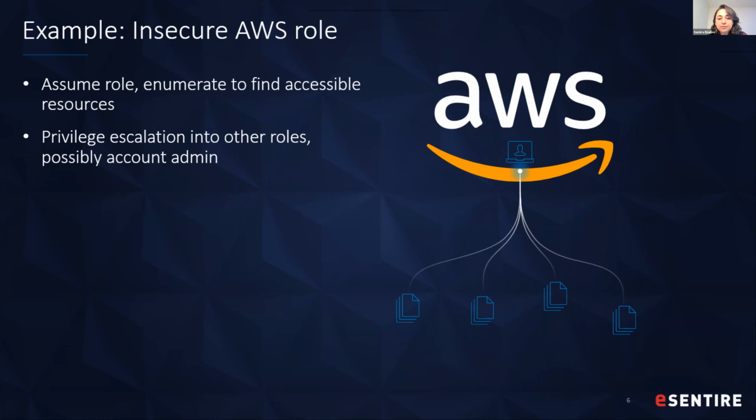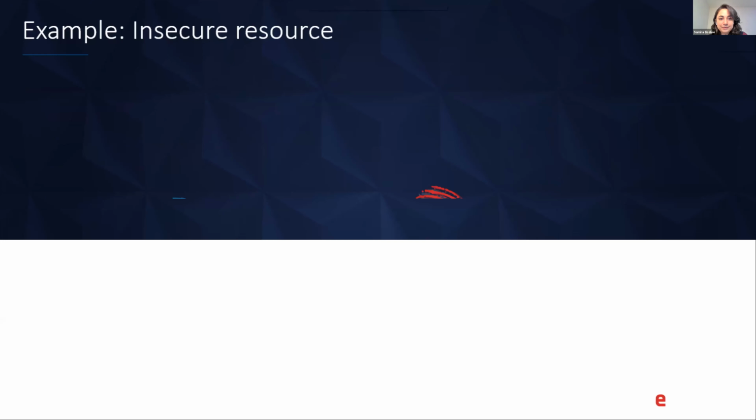This way, a simple read-only for a single resource role may be exploited if incorrectly set up. An adversary could assume an admin role and destroy systems, gather valuable data, or gain access to companies' billing information. Next, please.